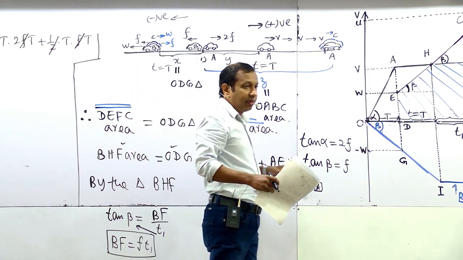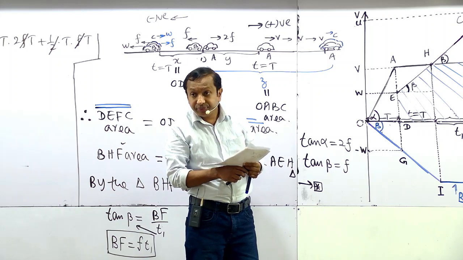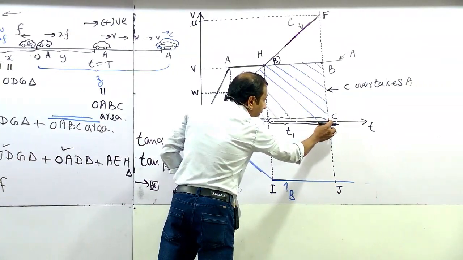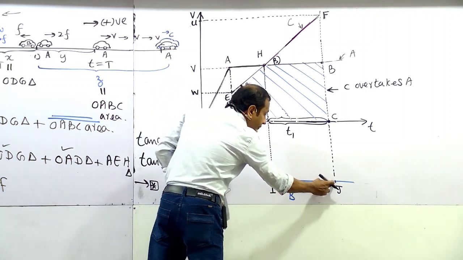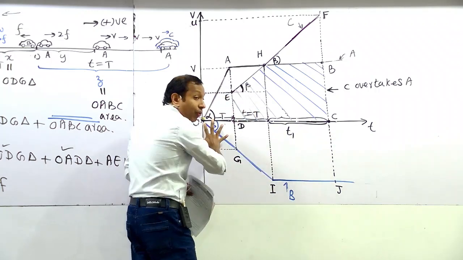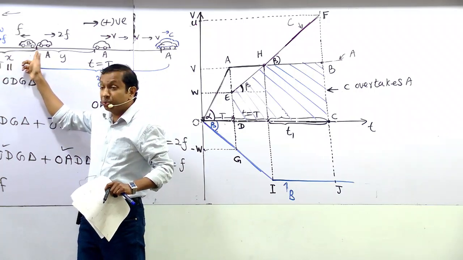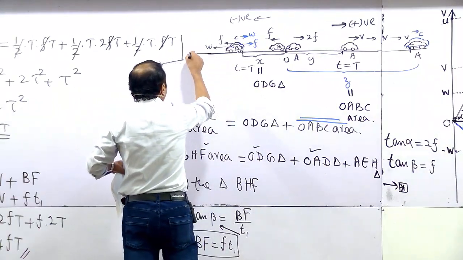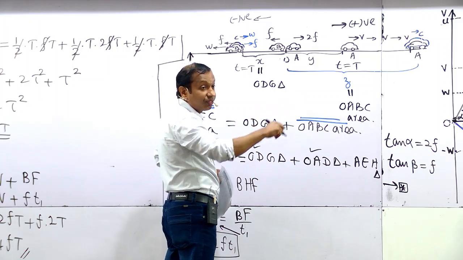Can somebody tell me, when C overtakes A, this is the time point. Up to this time moment, the velocity-time graph of B is here. Then what is this whole area? This whole area gives us the distance B moved to the left from O.